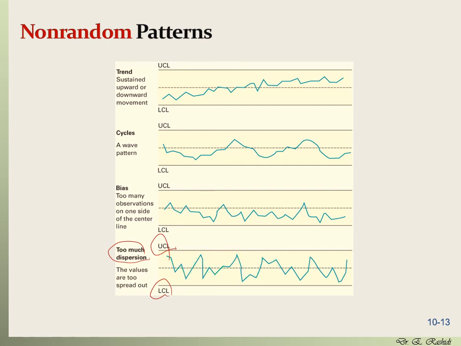You might not have noticed it easily, but too much up and down, too much fluctuation flags that there is an unnatural cause or unnatural randomness here that causes the process to scatter and disperse a lot.